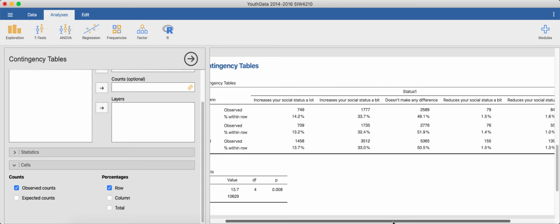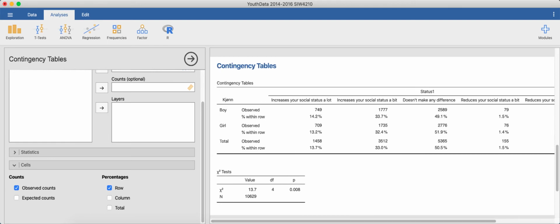But the difference isn't huge, so to say, but there's a difference. Okay.